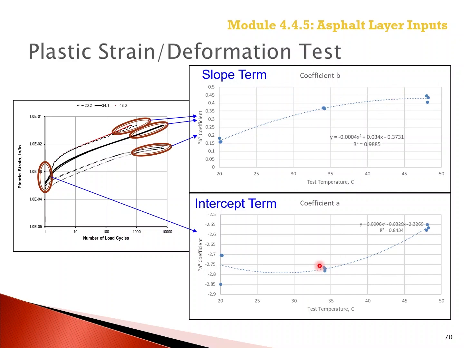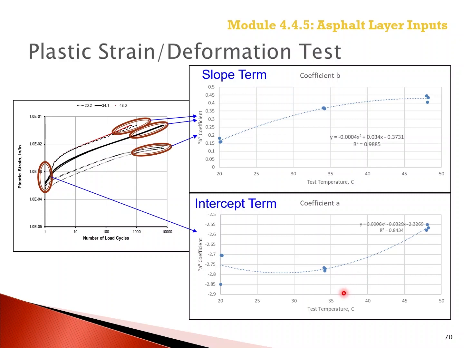The intercept from the steady state region is determined for each temperature and test specimen, and the average intercept term I sub t, or the coefficient A, is plotted and displayed in the lower chart on the right. The intercept term is temperature dependent.